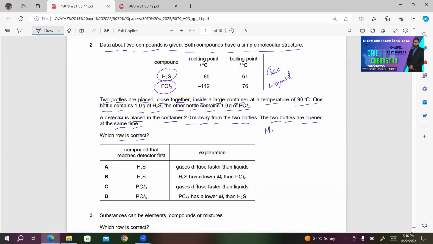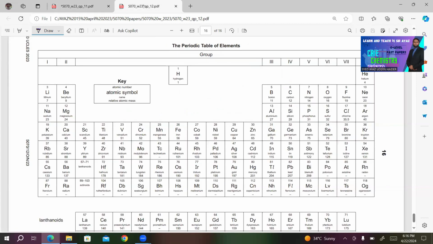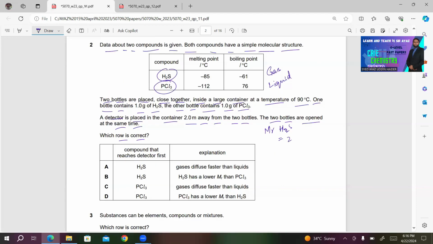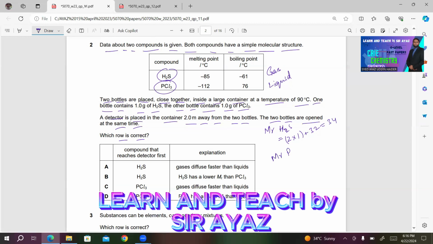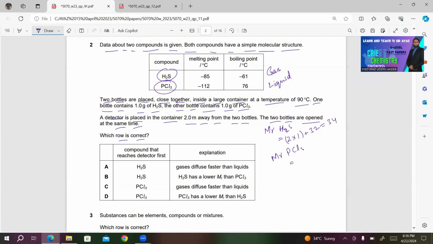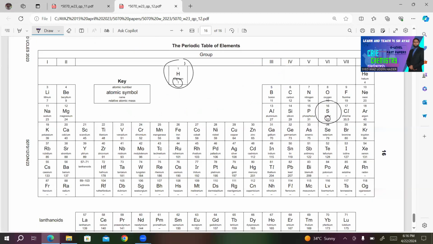MR of H2S. Here is hydrogen. 1 is the AR of hydrogen. What about sulfur? Here is sulfur. AR of sulfur is 32. So 2 multiplied by 1 plus 32 gives 34. Now MR of PCl3. Where is P in the periodic table?